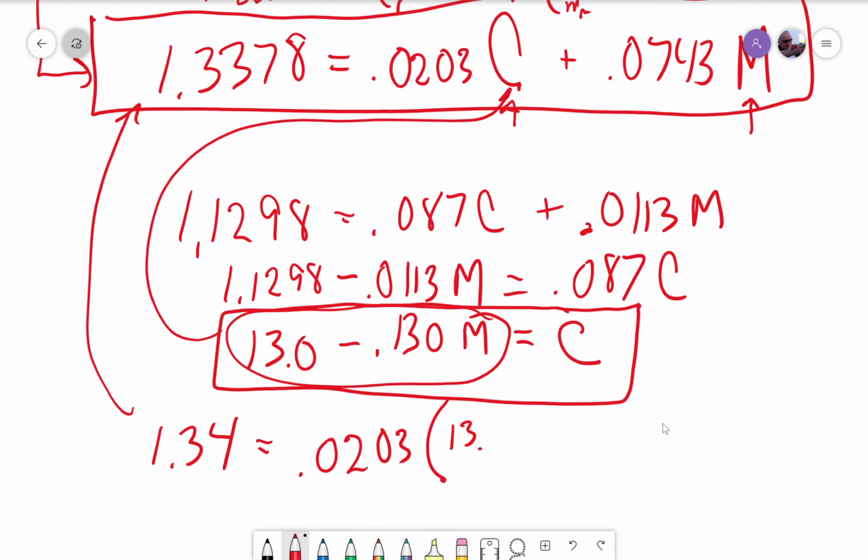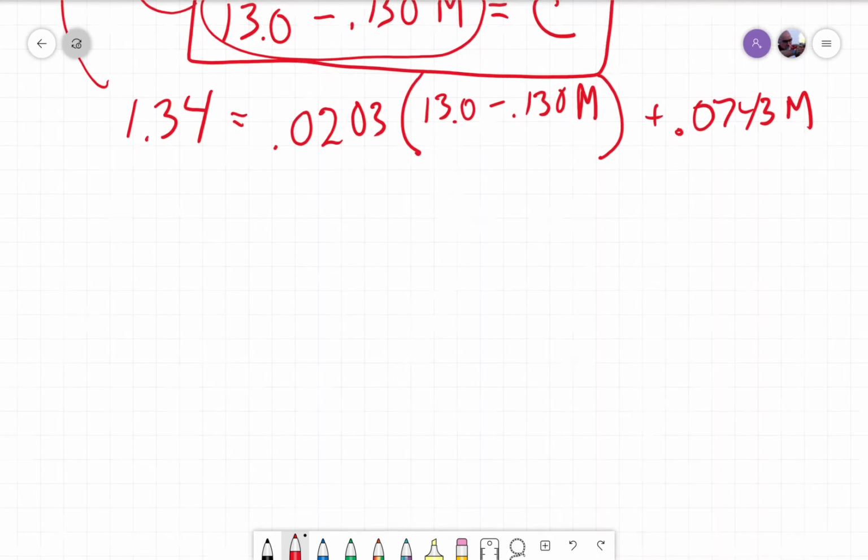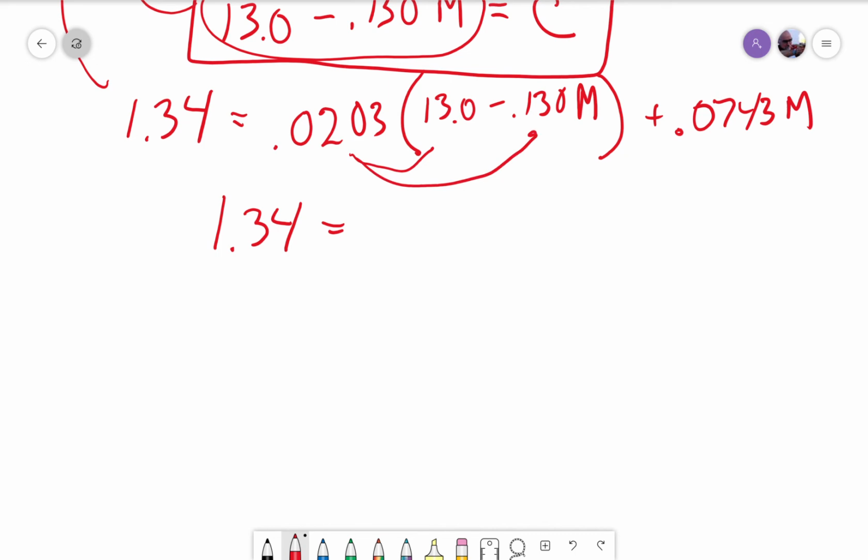So it's going to be 13.0 minus 0.130 M, plus 0.0743 M. Combining all my terms, I'm going to multiply this by both of those.